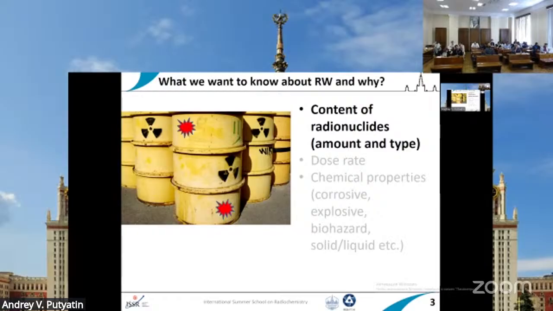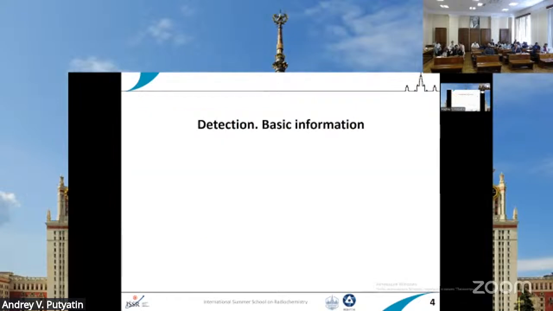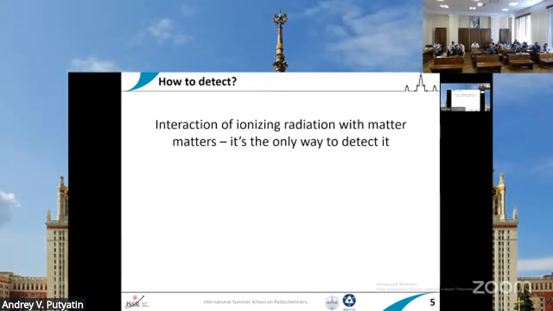And before the destructive characterization, I would like to go briefly through the detection, the measurement of ionizing radiation. And just to remind that all the methods for detection or measurement of ionizing radiation are based on the interaction of ionizing radiation with matter. It's the only way to detect ionizing radiation.